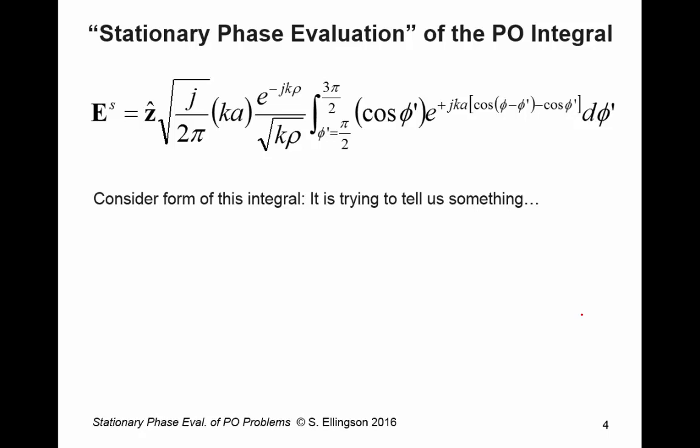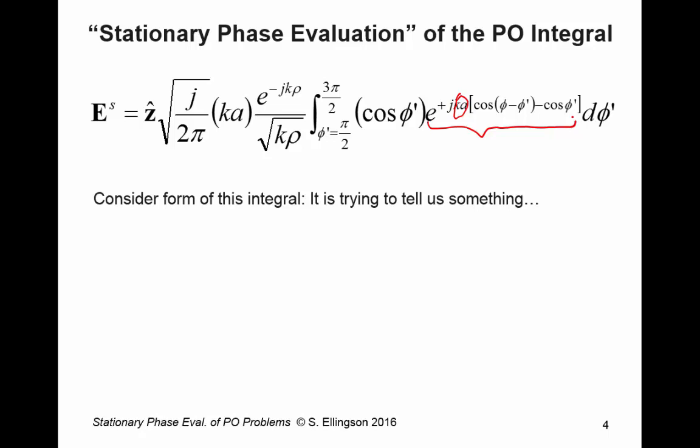So by stationary phase evaluation, we mean something very specific. We look at this integral, and we notice that it has this form where ka appears in the exponent of the exponential. And if ka is large, this phase factor is spinning relatively quickly. What do we mean by that?